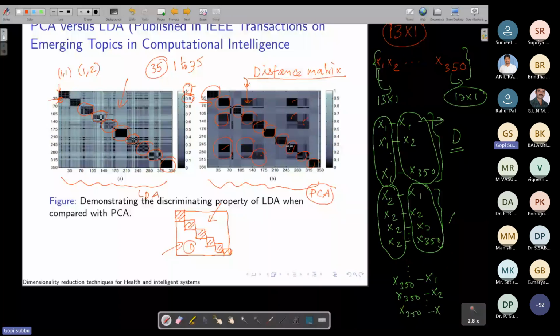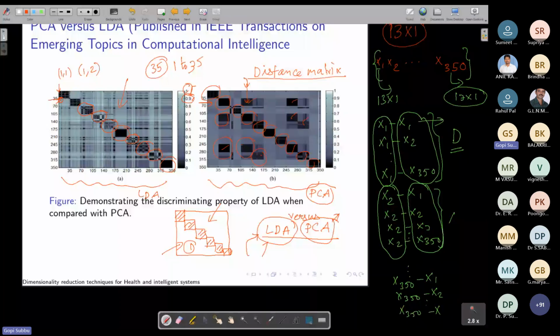But it is not always true that LDA performs better than PCA. If I compare LDA versus PCA, we cannot claim that LDA is always better. If you have a sufficient number of data, there is no doubt LDA will do better. But if I have limited data, sometimes PCA may give you better classification compared to LDA projections.